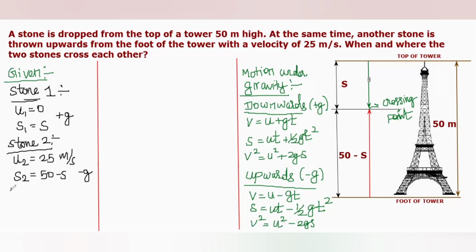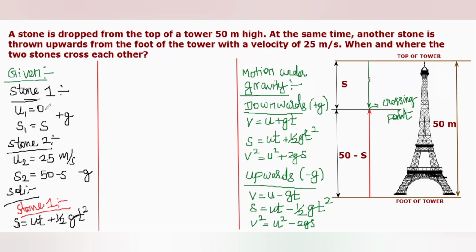So, solution for stone 1. I'm going to write the formula: S equals the general equation, S equals ut plus half gt square, since it is dropped downwards. Now I'm going to substitute the values.